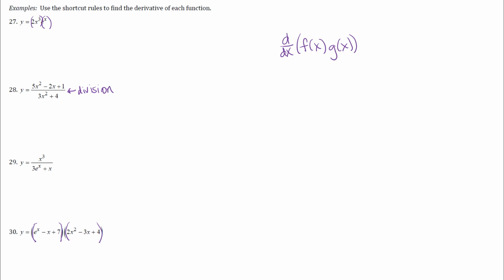All right, so once you've distinguished which ones use product rule, 27 and 30 on this screen, then you have to use product rule. So you want to be sure that you've memorized product rule. So product rule says derivative with respect to x of f of x times g of x is f prime of x, derivative of the first function, times the second function, g of x, plus the first function, f of x, times the derivative of the second function, g prime of x.